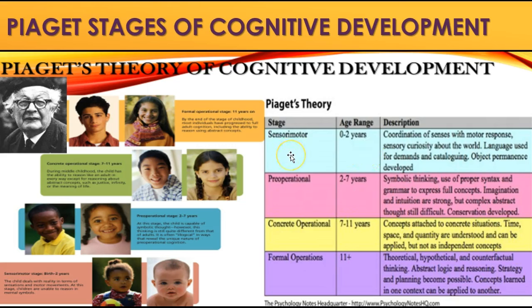Now, the next stage that he said children progress through is the pre-operational stage, which is from age 2 to 7 years. Here in this stage, they have what is known as symbolic thinking, use of proper syntax. In other words, they can make complete sentences, and they can use grammar to express full concepts.